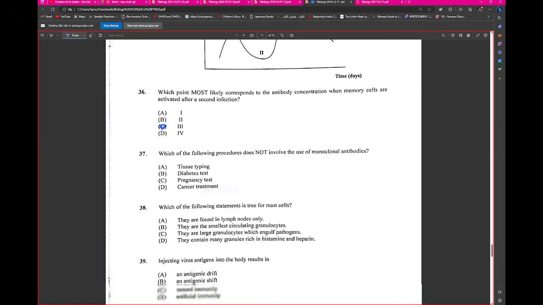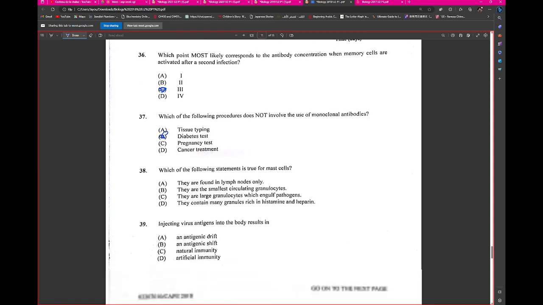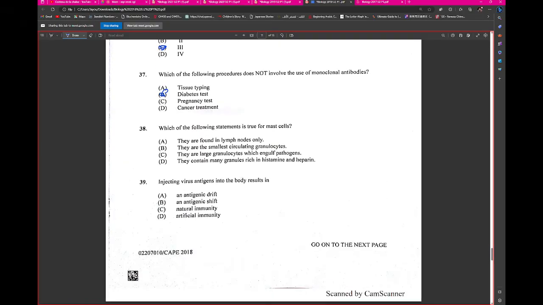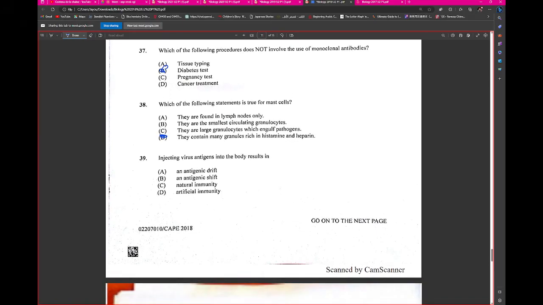Alright. 37. Which of the following procedures does not involve the use of monoclonal antibodies? Which of the following statements is true for mast cells? Wonderful. Introducing inactivated virus and antigens into the body results in artificial immunity, right? Artificial immunity, yes, sir.